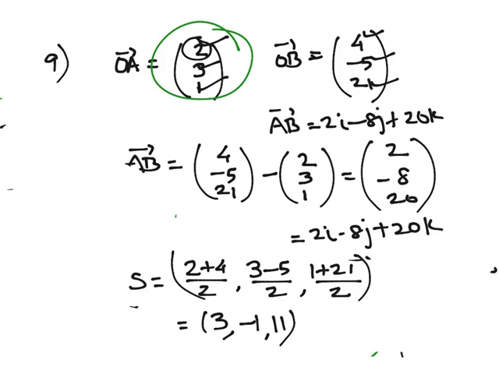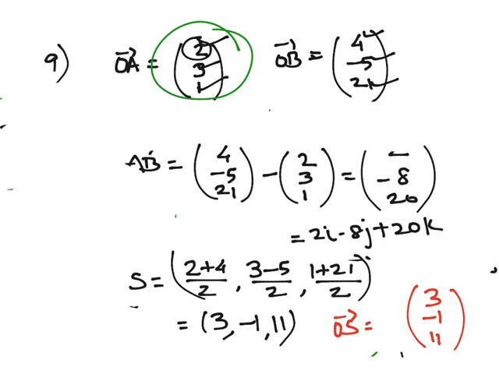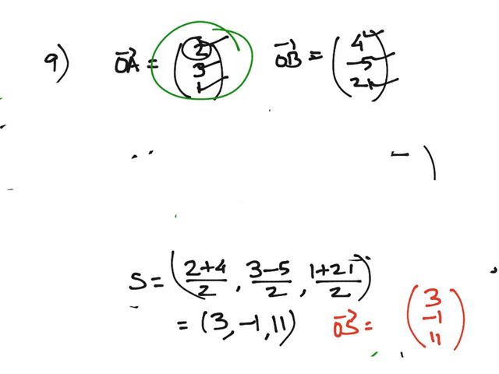Now the line L1 passes through S and is parallel to OA. So first, find the position vector of S. So OS equals 3, minus 1, 11. This is the position vector of S. Write down the equation of L1. It is given that the line L1 passes through S and is parallel to OA.